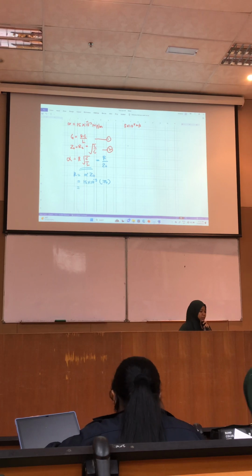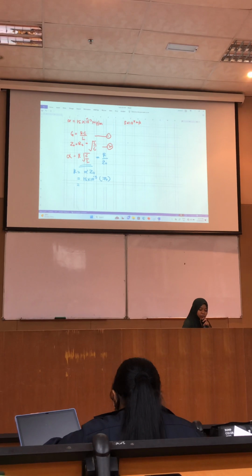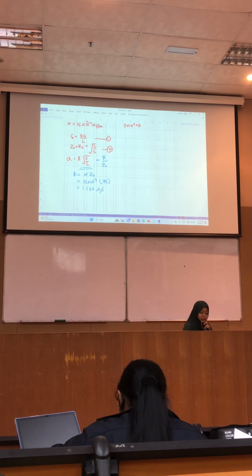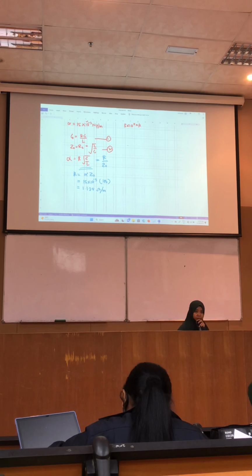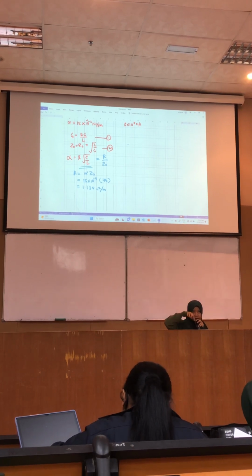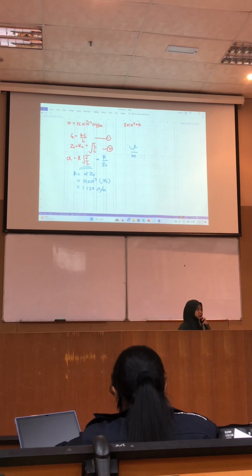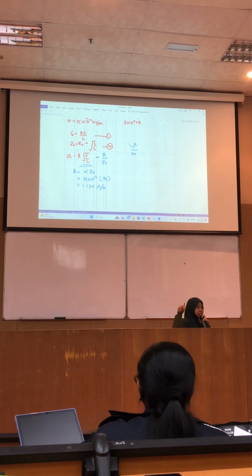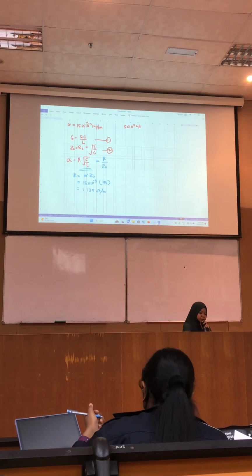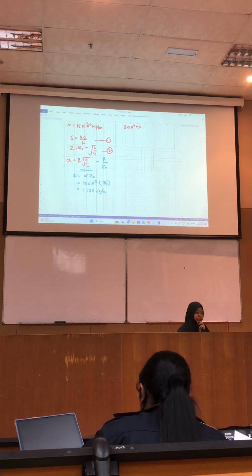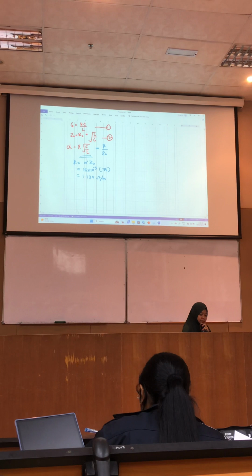Okay, so you will get, you got it, right? 1.125 ohm per meter. Ohm per meter, ohm divided by meter. We will look at one more exercise afterwards. Okay, can? Good. Okay, next.